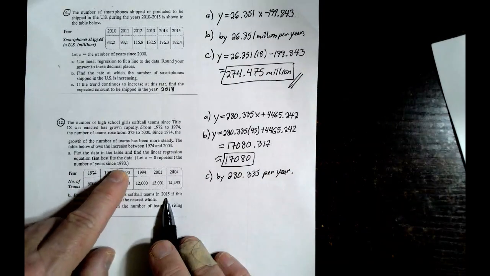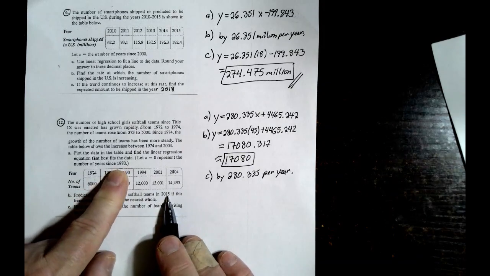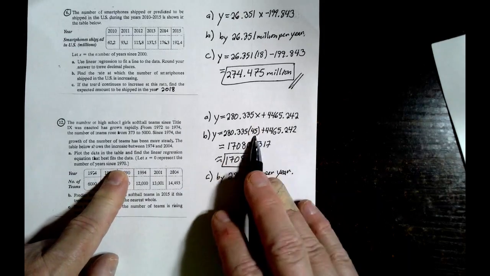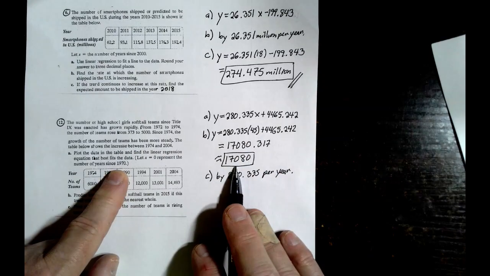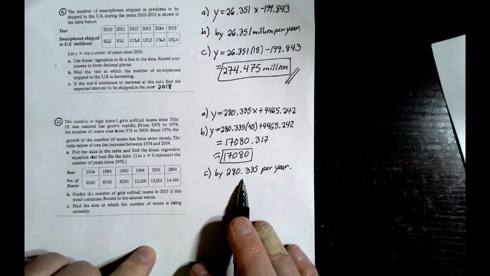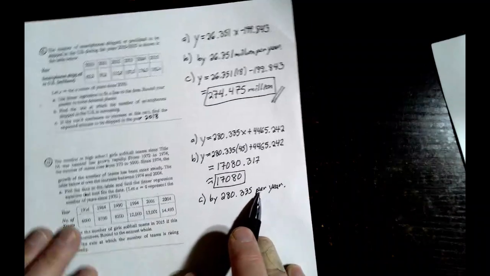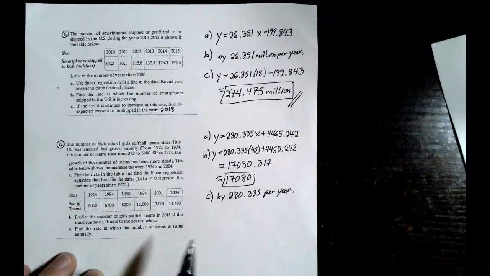Well, it's years since 1970. 1970 to 2015 is 45 years. So you're going to plug in 45 for X, and you get this number here. Okay. Now it says find the rate. Well, the rate is your slope. So 280.335 per year. That's the number of increase in softball teams per year. Girls high school softball teams per year.